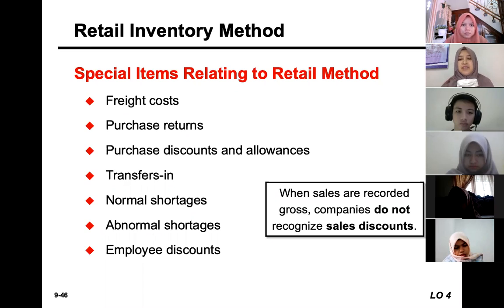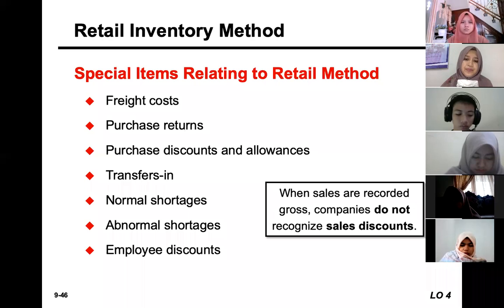Normal shortage is very much like the usual estimated shortage. You would estimate that a certain amount of inventories will be short of what we recorded in the system. Abnormal when the amount is high. Maybe there is a natural disaster that affect the storage of the company, that will result in defective products.